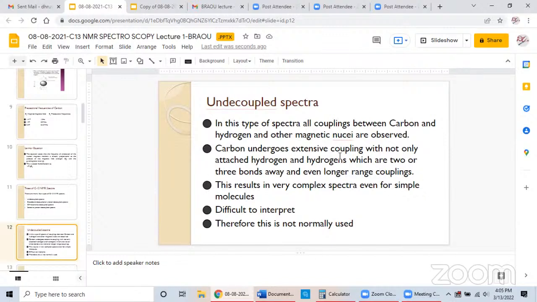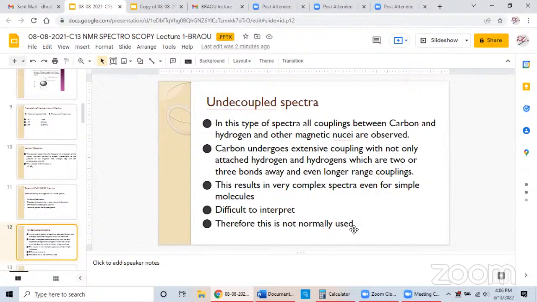That gives more signals, which may result in overlapping of the signals and complex spectra. So this results in very complex spectra, even for simple molecules. Therefore, it is very difficult to interpret.